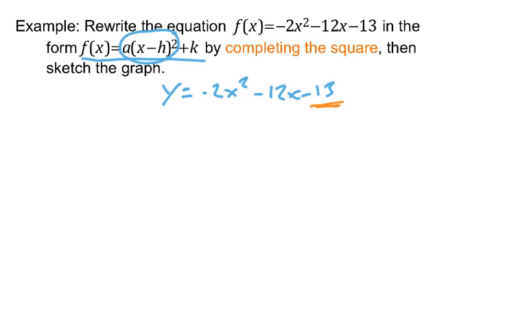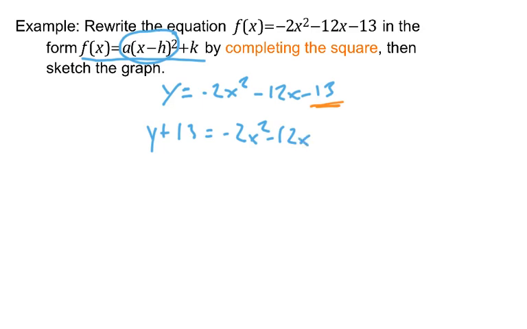So if I were simply to add 13 to both sides, I'd have y plus 13 over here, and on the right side, negative 13 plus 13 would be 0.